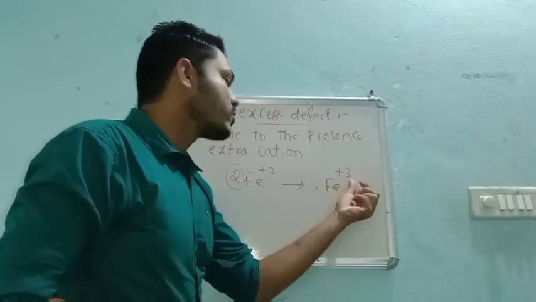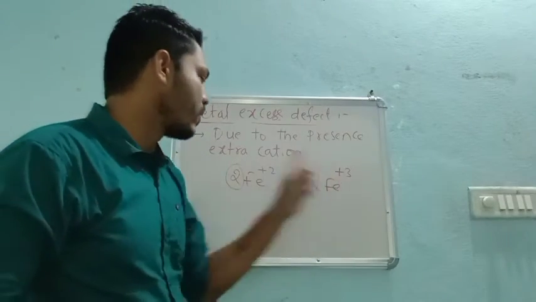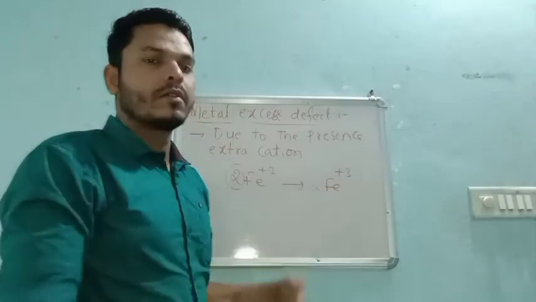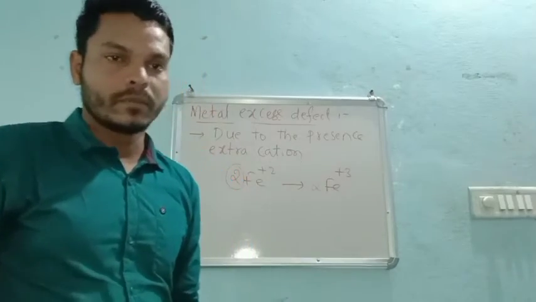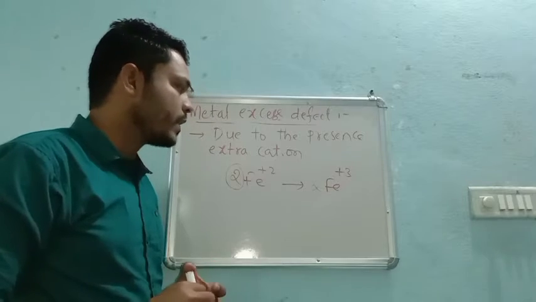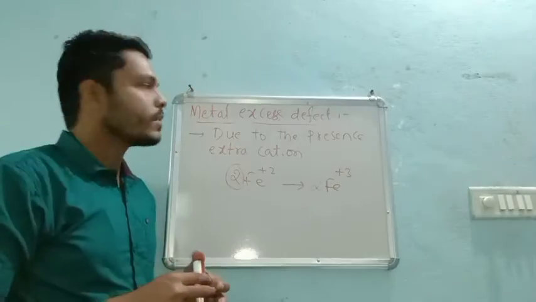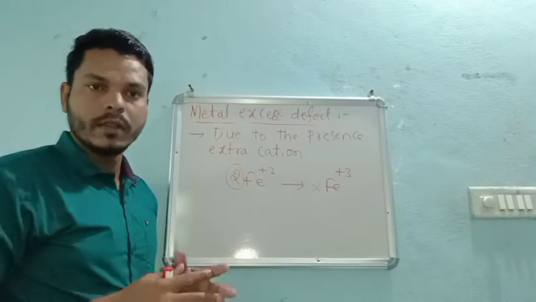One extra positive charge has come, meaning presence of extra cation. If this type of change takes place in any solid, then definitely the metal excess defect will come in that solid.